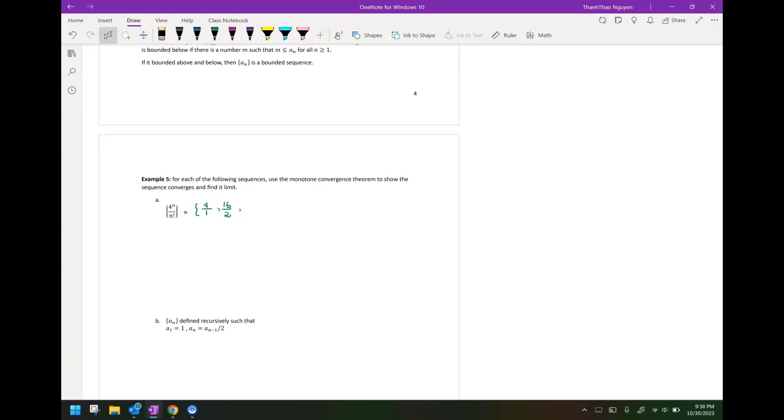A sub 3 is 4 to the third, which makes 64, divided by 3 factorial, that is 6. And so on and so forth. So let's simplify this. We get 4, 8, 32 over 3. So it seems that each of these terms is increasing, right?